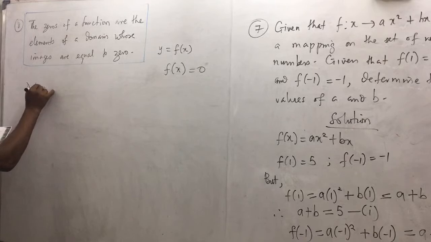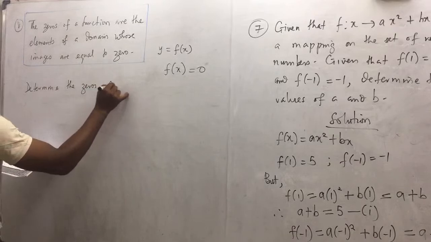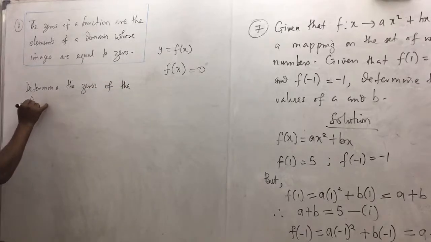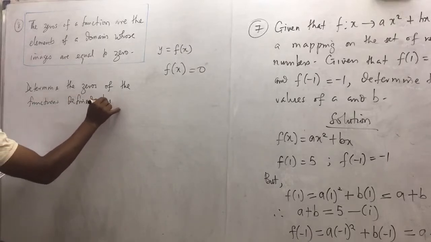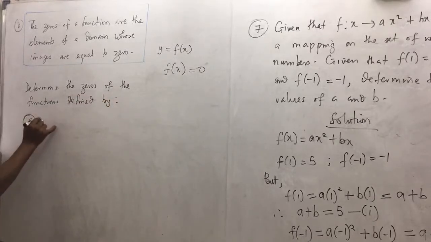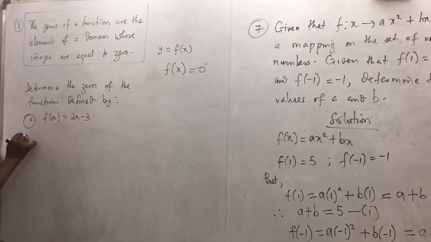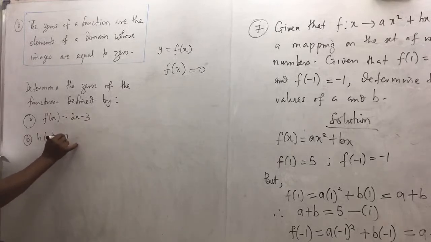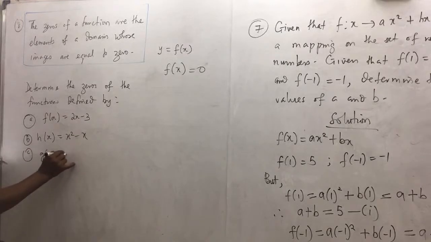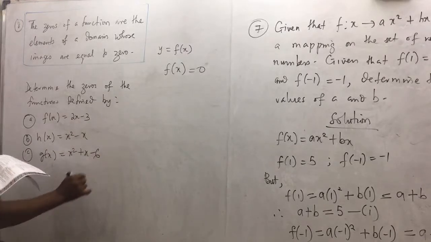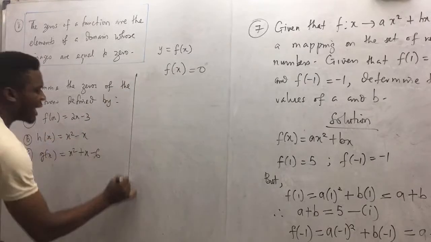Problem 8 says, determine the zeros of the functions defined by: a, f of x equals 2x minus 3; b, h of x equals x squared minus x; and c, g of x equals x squared plus x minus 6. Now, let's use this idea.